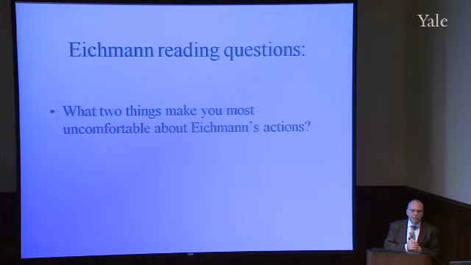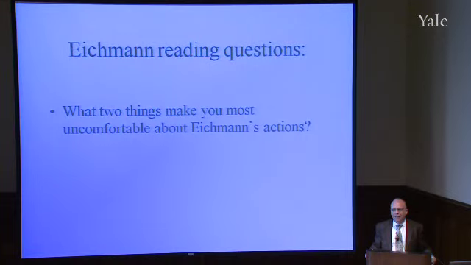What I want you to do is to think about what the two things are that make you most uncomfortable about this man, who you'll get to know quite well through reading this book. What is it about him that is unnerving? What is it that makes your flesh crawl about this guy? What are the two things that are the most appalling about him?